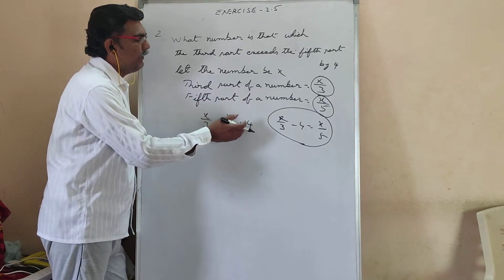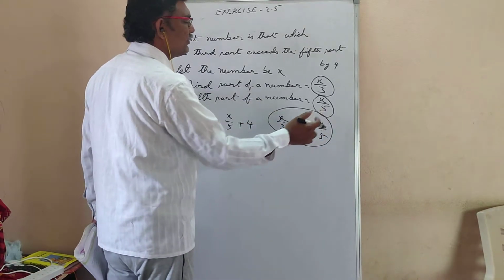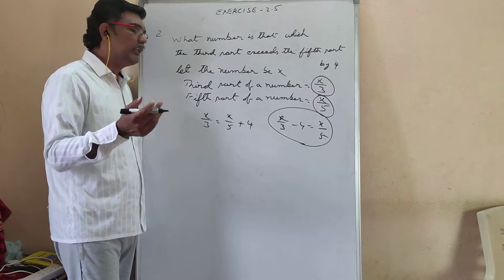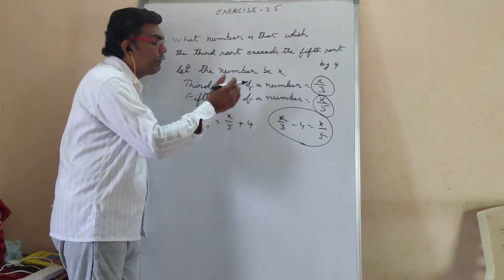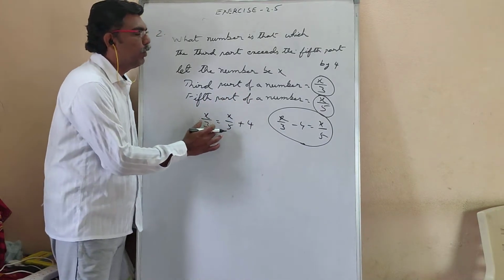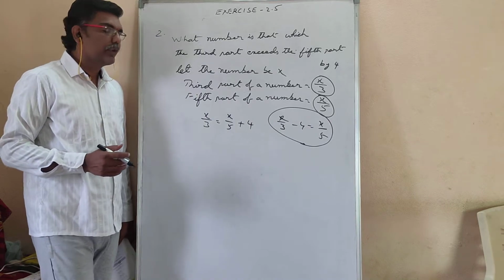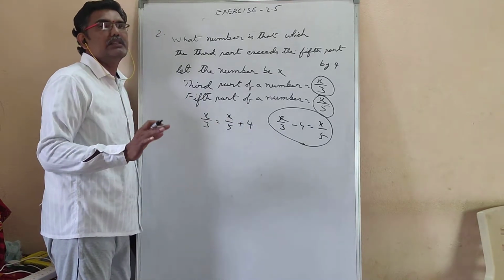So plus 4, when it comes here, becomes minus 4. x by 3 minus 4 is equal to x by 5. What is he saying? From x by 3, if you subtract 4, you will get x by 5. So both are the same. If you do like this or like this, you will get the answer.